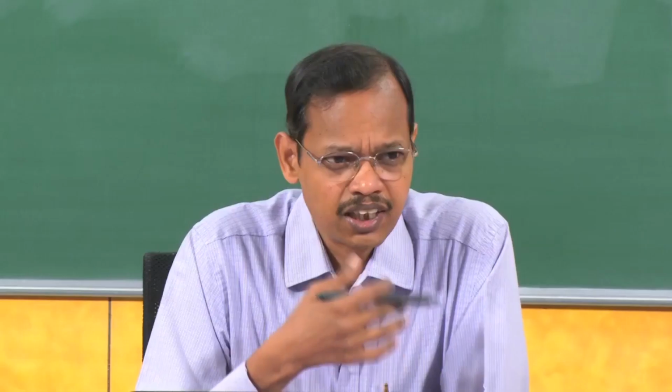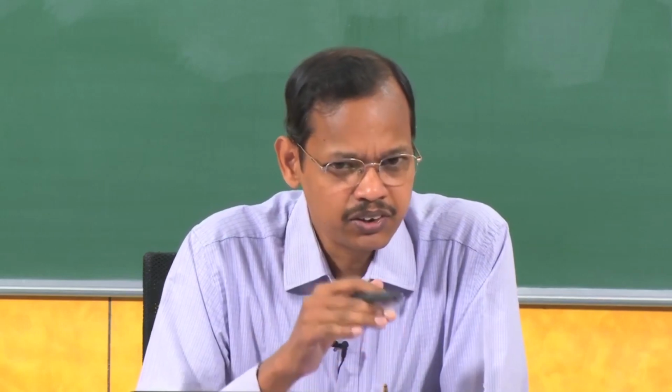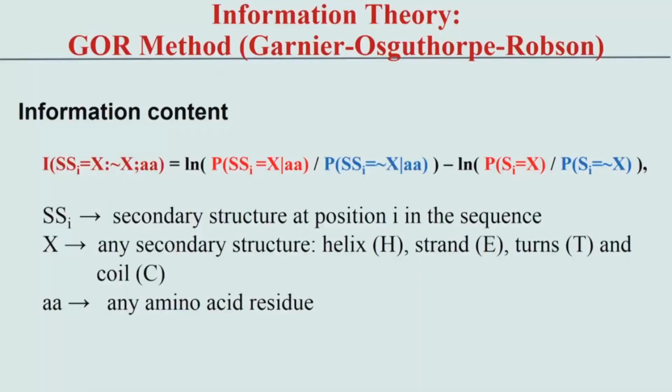How did they derive the information? They developed a formula to obtain the information content. For example, I is the information content for any secondary structure and any particular residue. So, here you can see any residue, and X can be any secondary structure, for example helix. So, it is the preference of that particular residue in helix over the same residues which are not in helix.